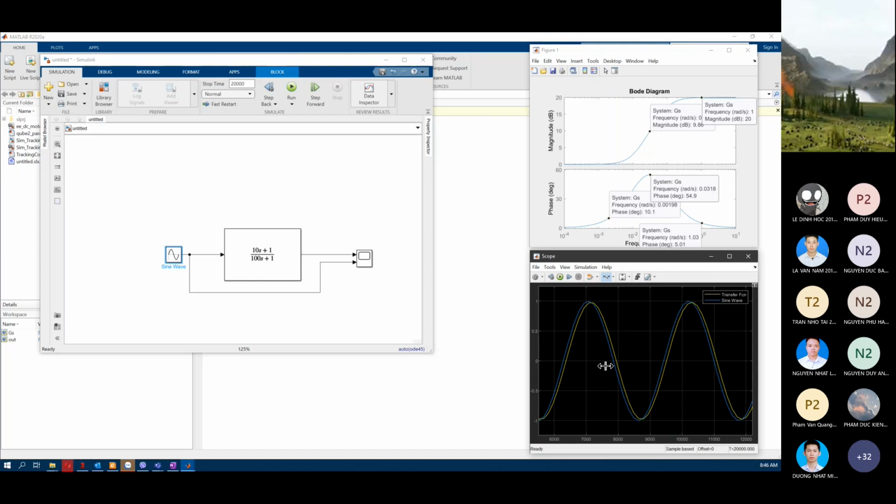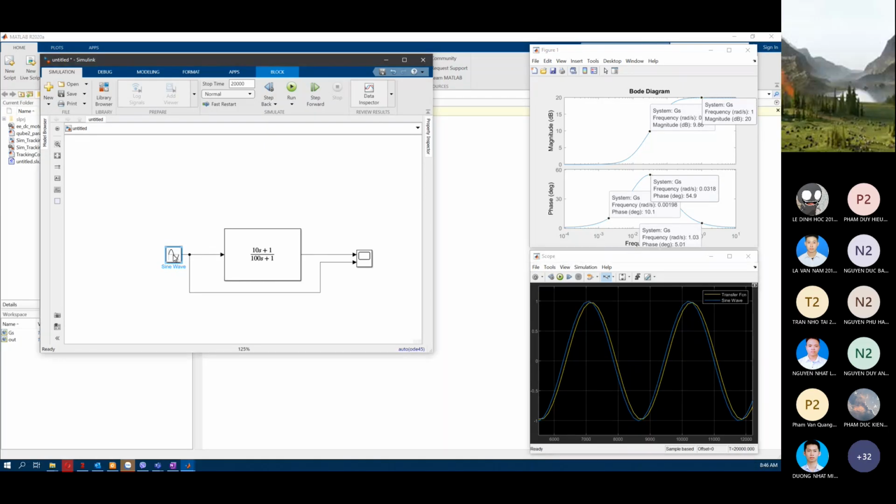So now you already know about the frequency response of a system. Any questions here?